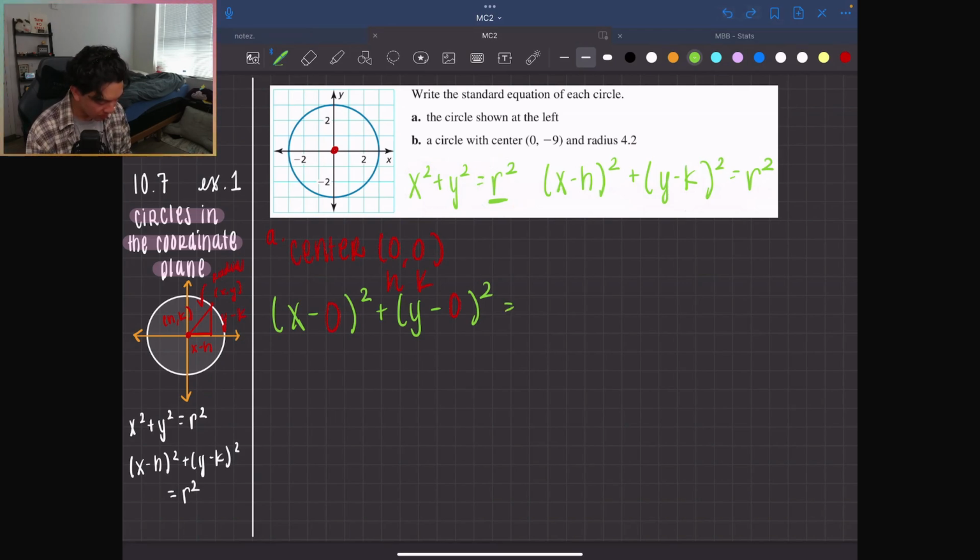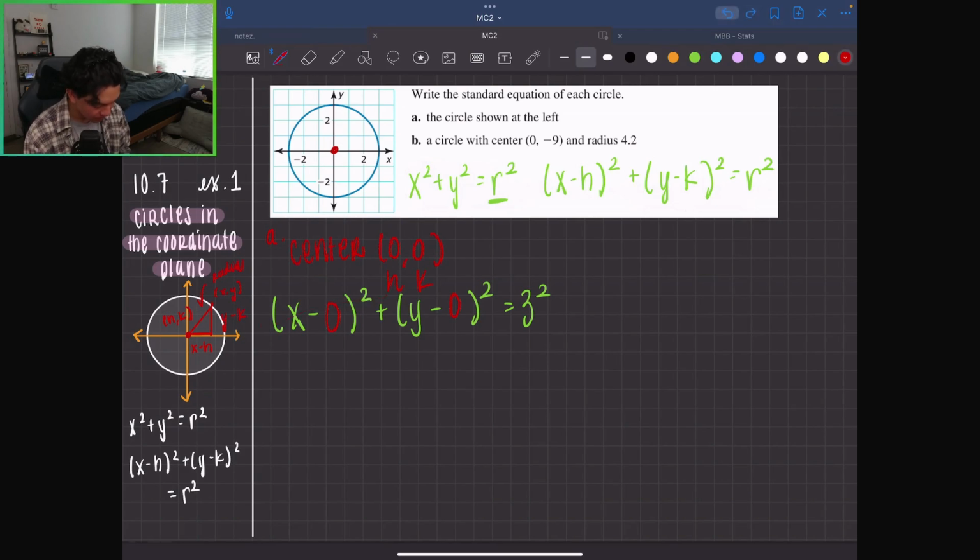So our radius, remember, is from the center of the circle to the outer edge of it. So how many units is that? If we're counting 1, 2, 3, it's just going to be 3 units. So 3 squared. And then we're going to simplify this equation. So x minus 0 is the same thing as just x. So what are we left with?